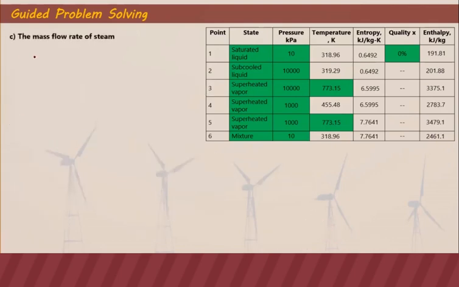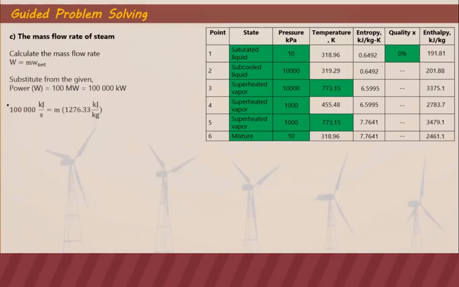And finally, for the mass flow rate, we can calculate it using the formula power is equal to mass times the work net. Since power is given as 100 megawatt, that's equal to 100,000 kilowatt, so 100,000 equals mass times the work net.